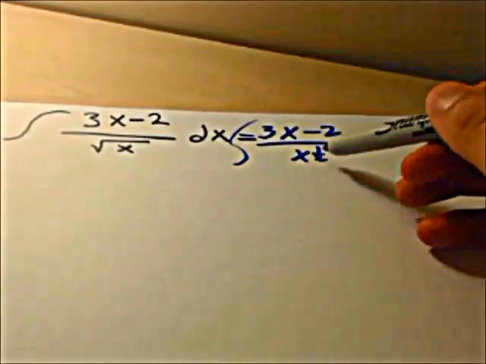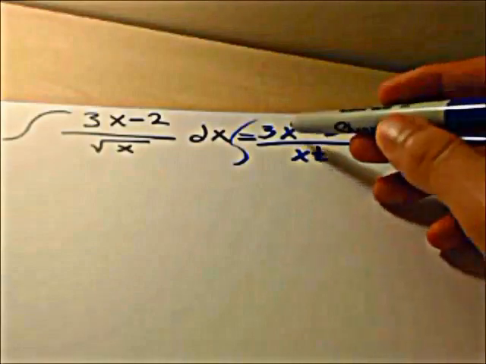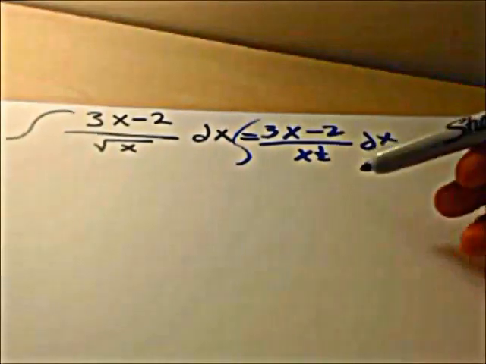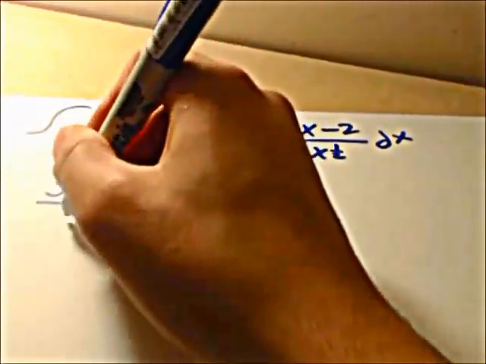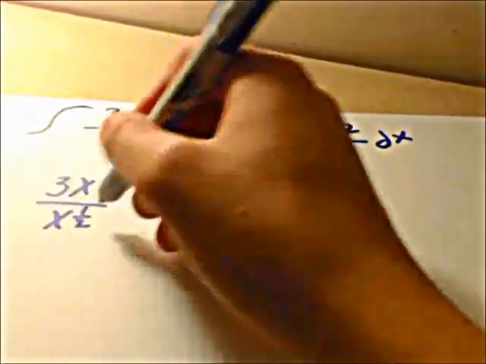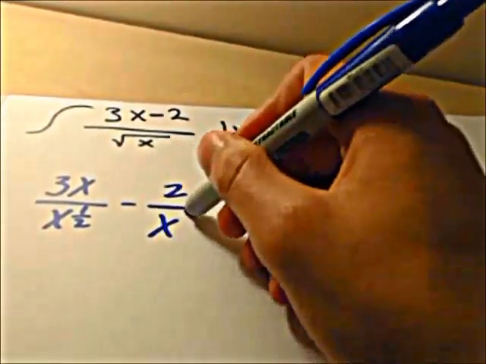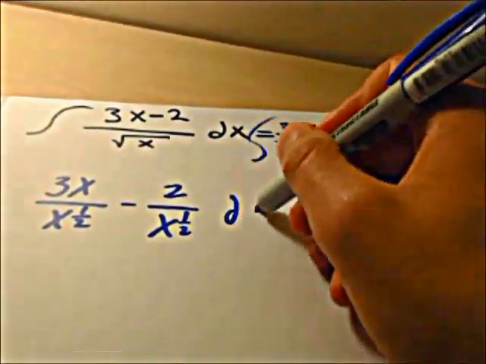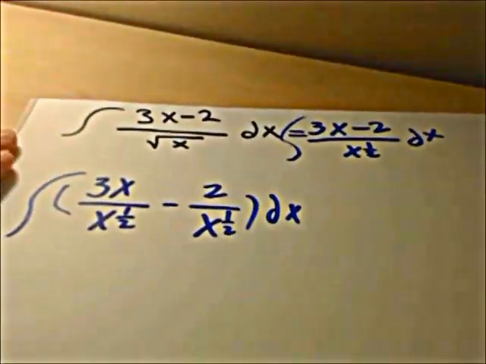What I'm going to do is distribute the denominator. So it's going to be 3x over x to the power half on its own, minus 2 over x to the power half, all dx, obviously with the integral.